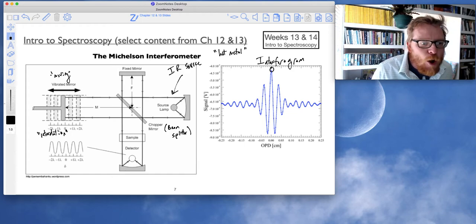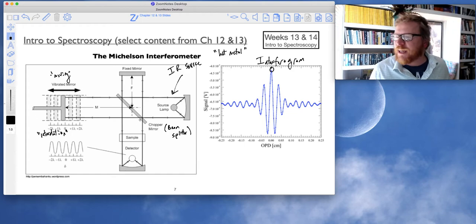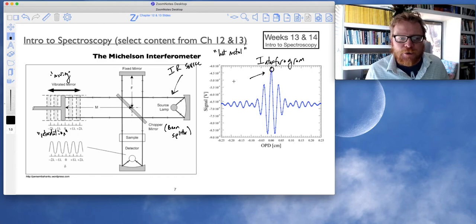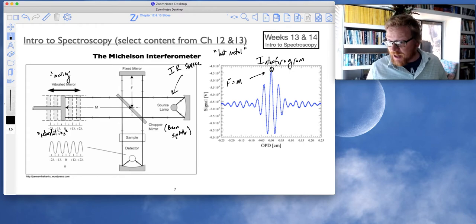So at the 0 point, and I know it doesn't look like it on this figure, but at the 0 point right here, the F distance equals the M distance. And so that will give us maximum constructive interference, okay?